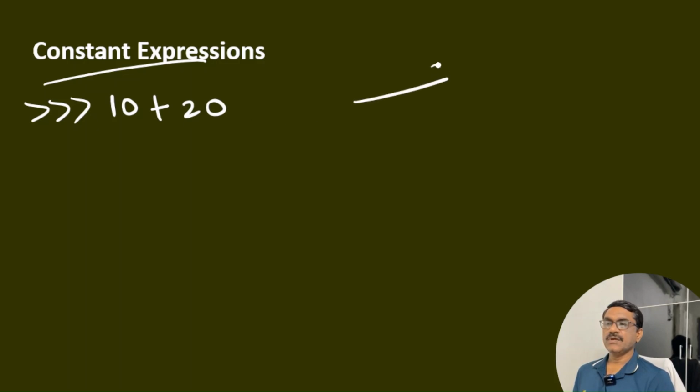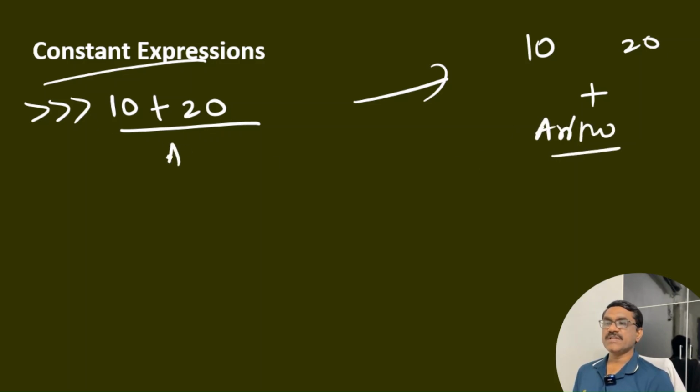Now we are going to discuss the constant expression. Let us take one example for this. Here, I'm taking 10 plus 20. What type of expression is it? What are the operands? 10 and 20 are the operands. What is the operator we are using? Plus. What type of operator is it? Arithmetic operator. Now, can I say this is an arithmetic expression?